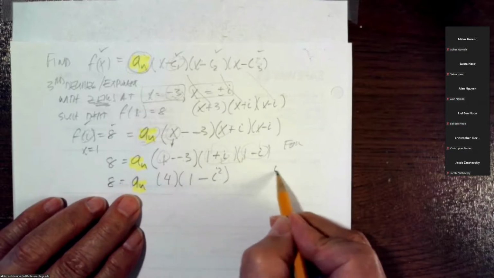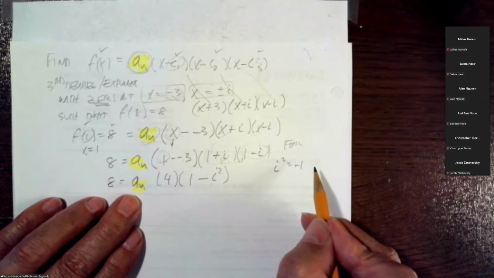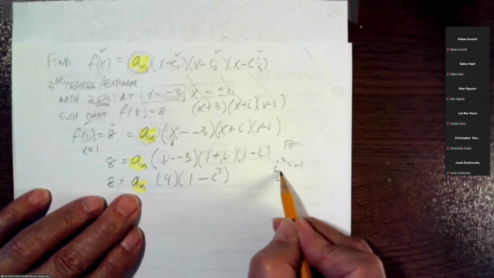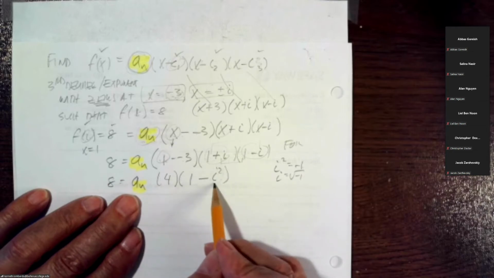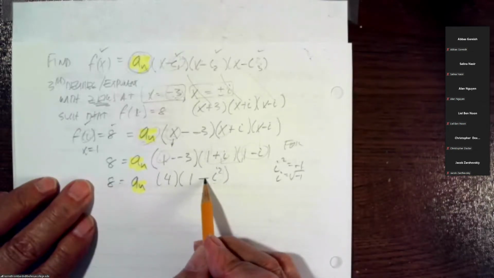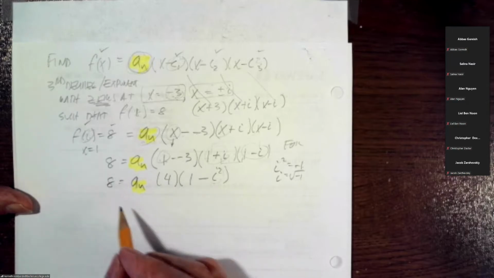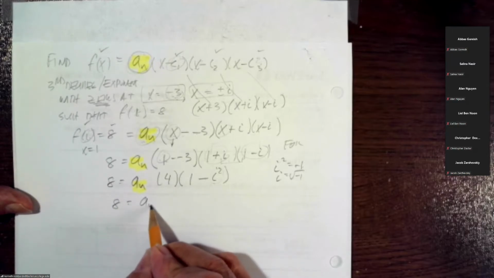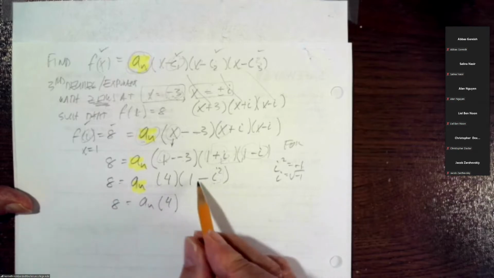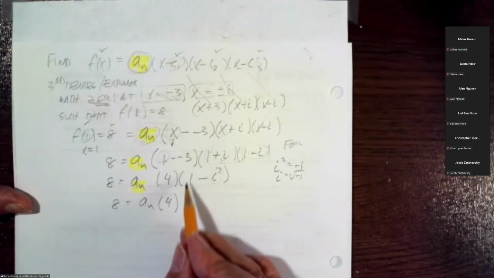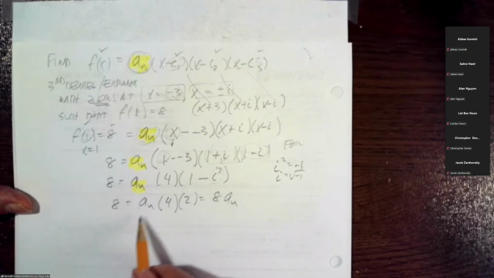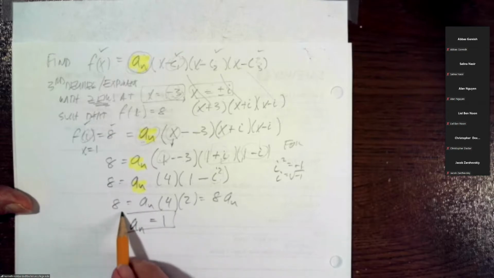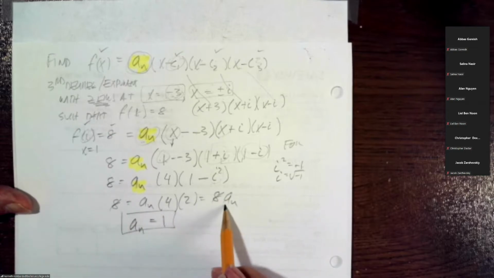Well, i squared is negative 1, isn't it? Because i equals the root of negative 1. So this is negative 1 times negative 1, well, that's a 2, isn't it? So 8 equals a sub n times 4 times 2, so that's 8 a sub n. A sub n equals 1. Okay, divide through by 8.